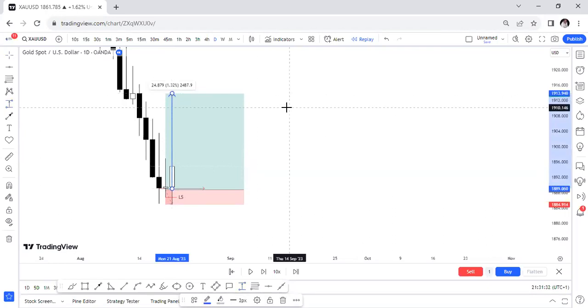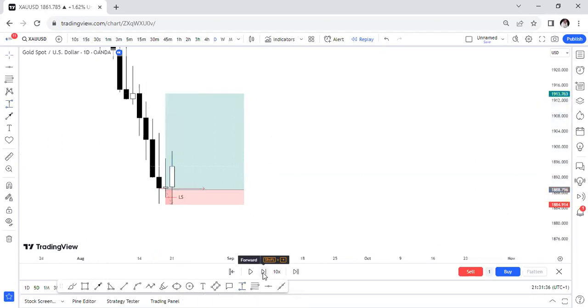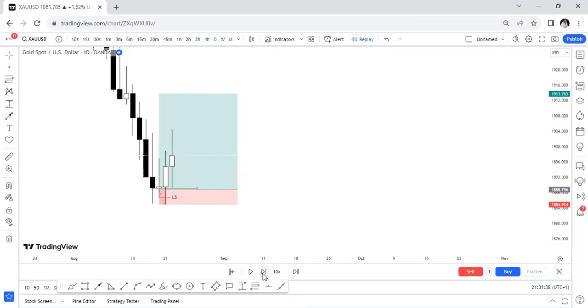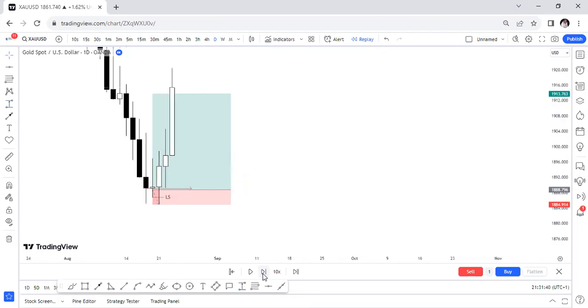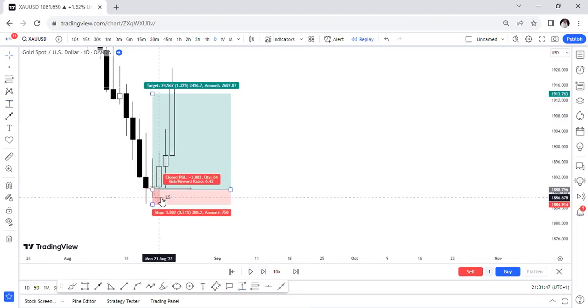That's our target. Imagine he blasts through it. He blasts through it because of this condition that was met here. This guy has already tapped into this liquidity and took it off.